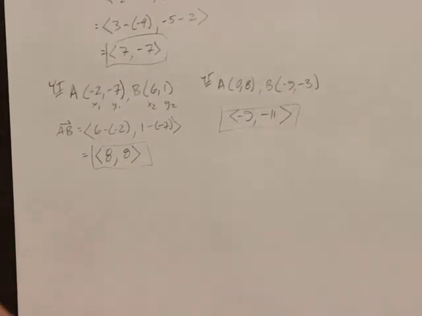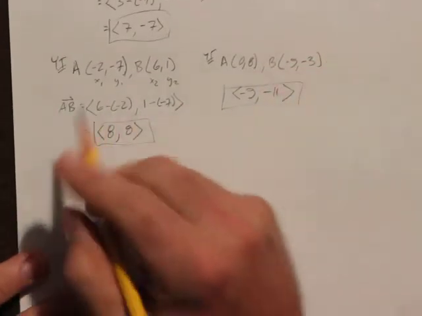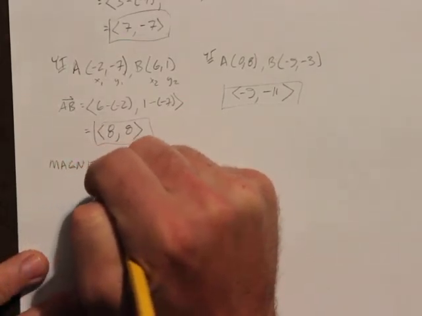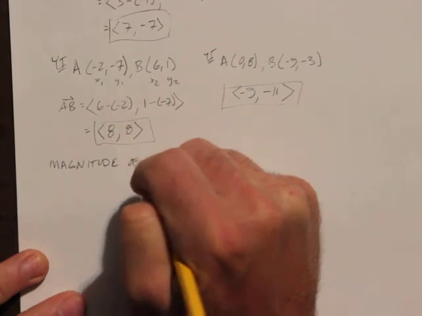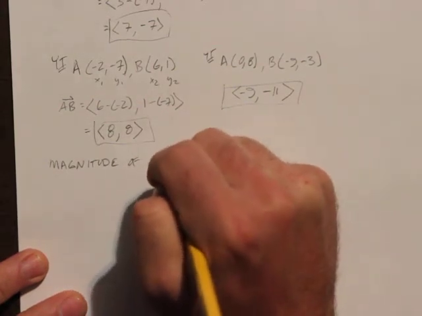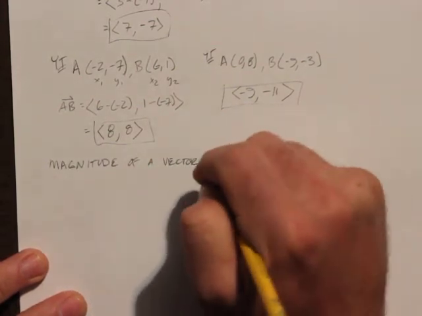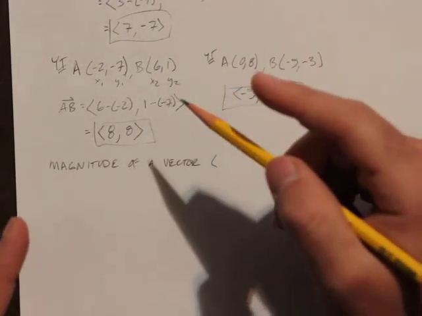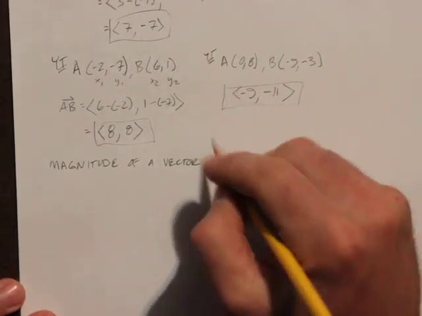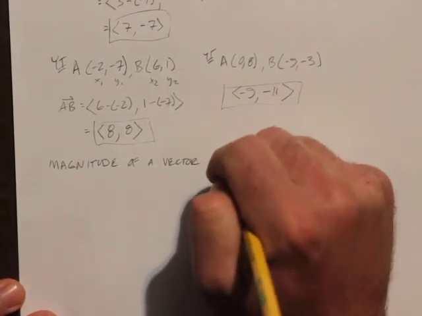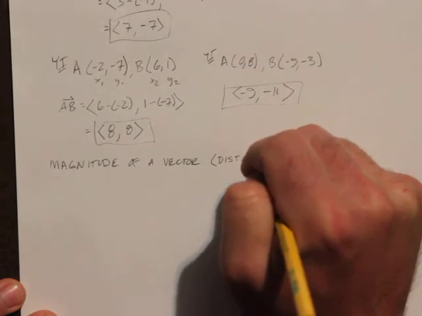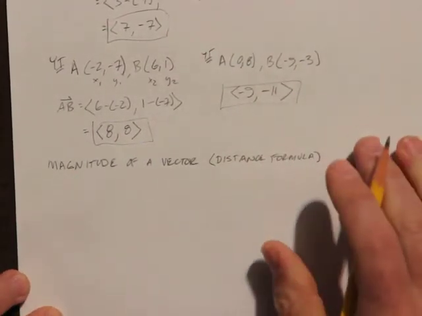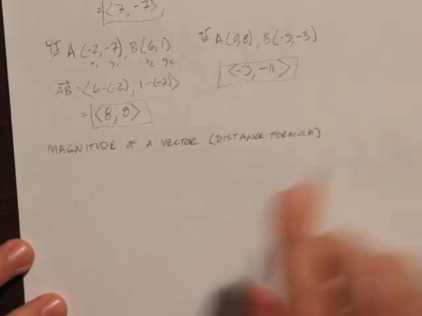All right, magnitude of a vector. And we find the magnitude of the vector, so remember that's the length of the vector. So in order to find the length of a vector, you might need the distance formula. It's all coming back, right? Okay, distance formula.